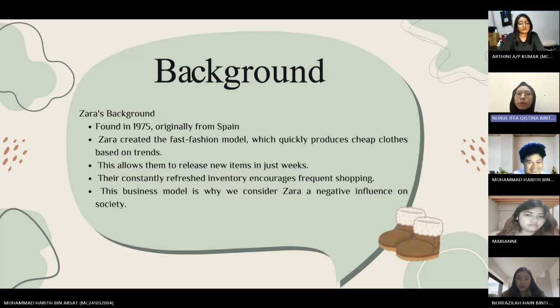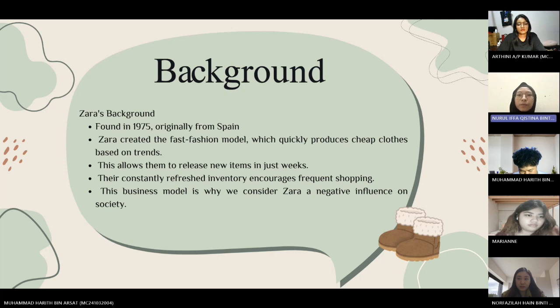Okay. So Zara, founded in 1975, originally in Spain, became a fast fashion business with strategies that rely on quick production of cheap garments and responding to popular fashion trends. It enables Zara to go from design to release within weeks.